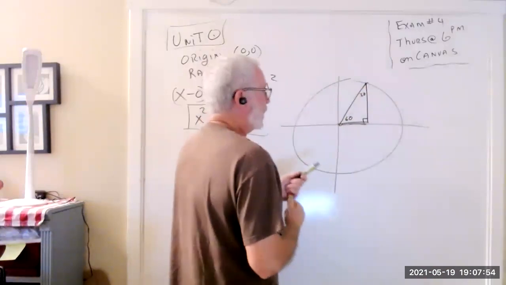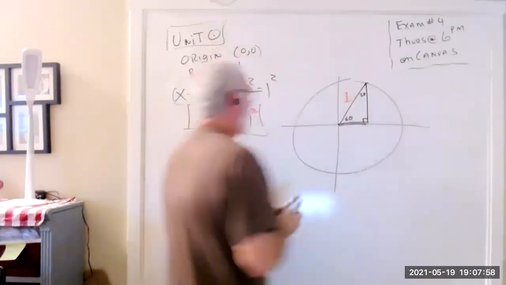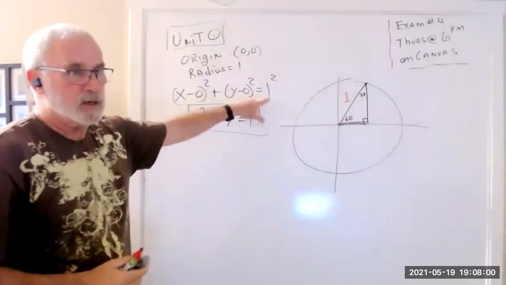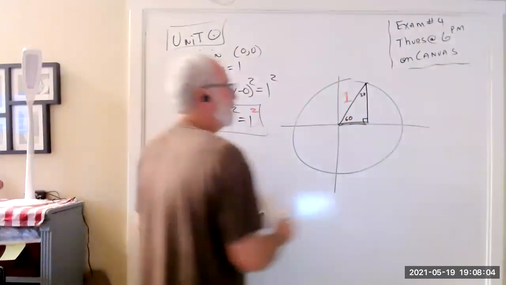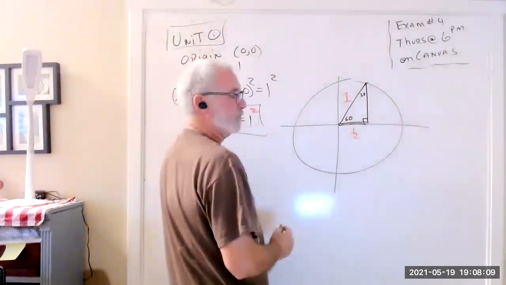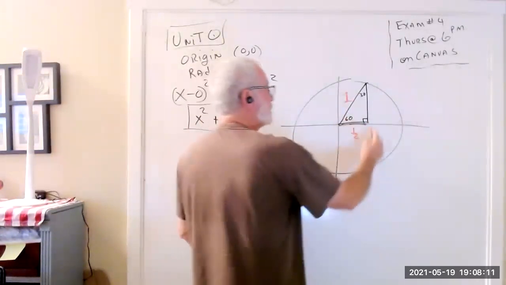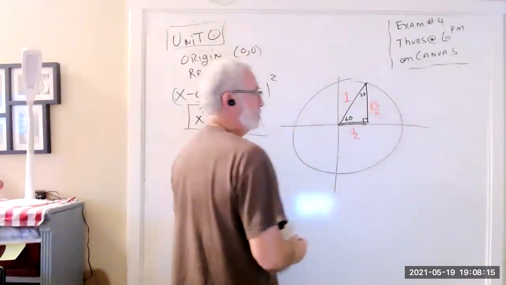Well, according to what I just did, the hypotenuse is 1, and that matches with the radius is 1. It always has to do that. But we figured out that opposite the 30 degrees, this was a half. And opposite the 60 degrees, this was the square root of 3 over 2.